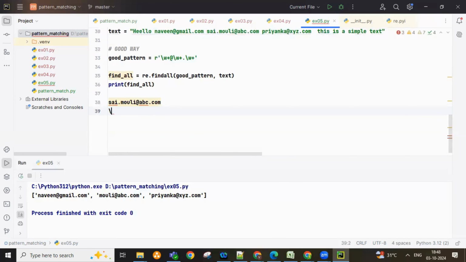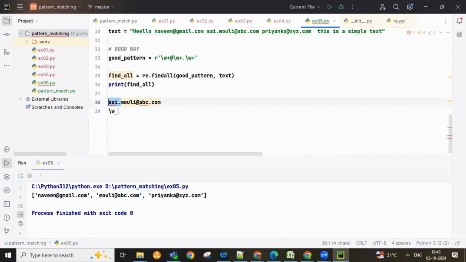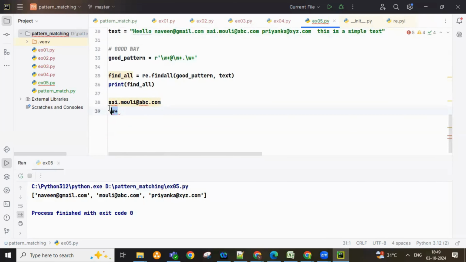It is matching with this word. Understood? If you do slash w plus, what is really the problem? What is the problem? Oh, how come it is finding this guy as well? One second. If I do this, this is fine.